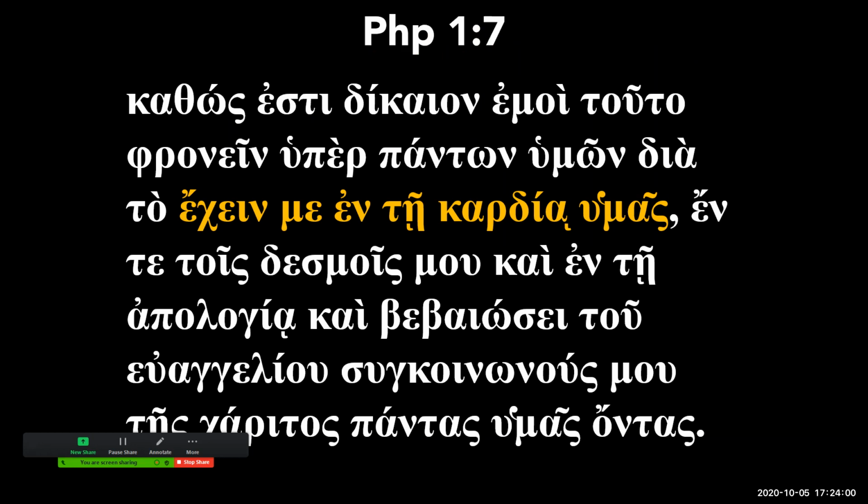But Paul says, even as it is right or righteous, dikaion, to me, emoi, it is actually the stressed form, to me, to think this, touto phronein, to think, this, concerning all of you, hyper panton hymon, dia to means because, okay?